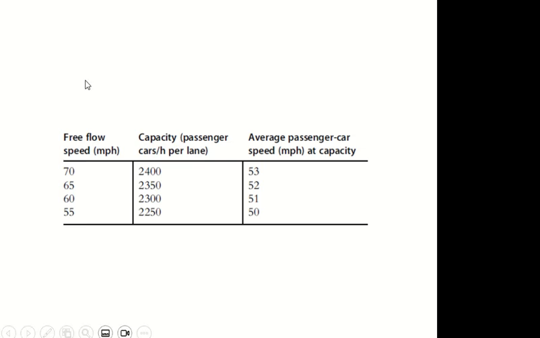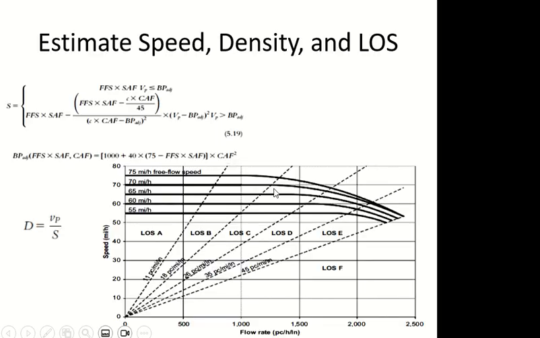For some of the highways, the capacity is already given, and the speed at capacity is also given. The speed at capacity means the speed at this point, the end of the curve. For every curve, the end point is the capacity.